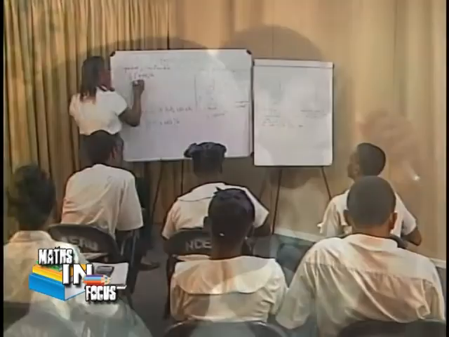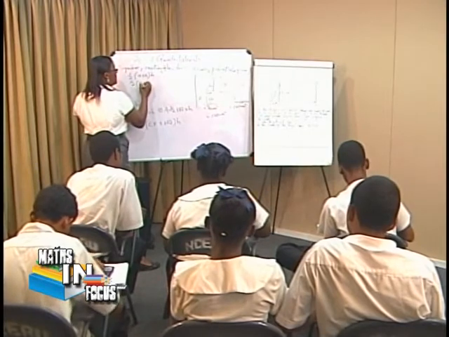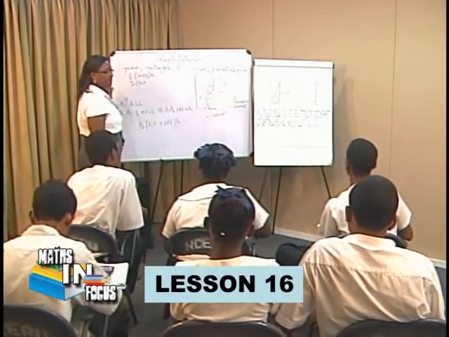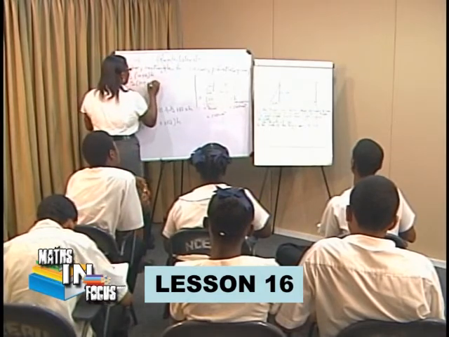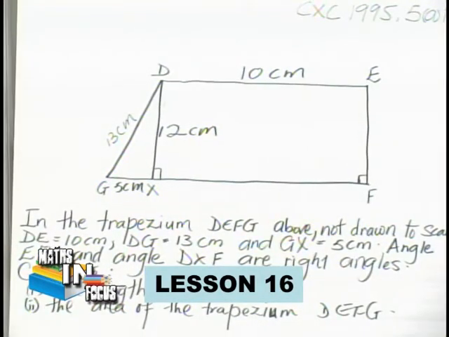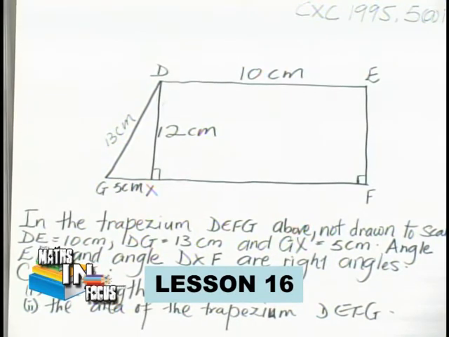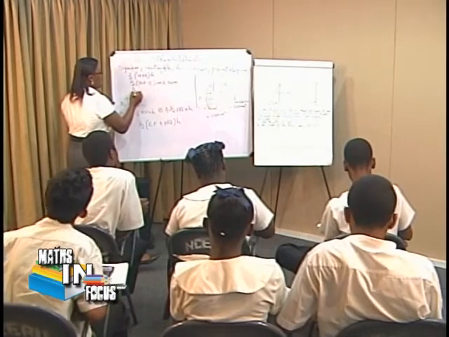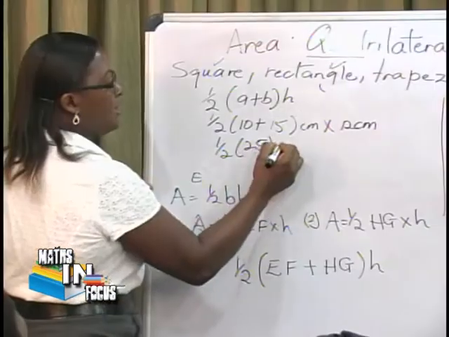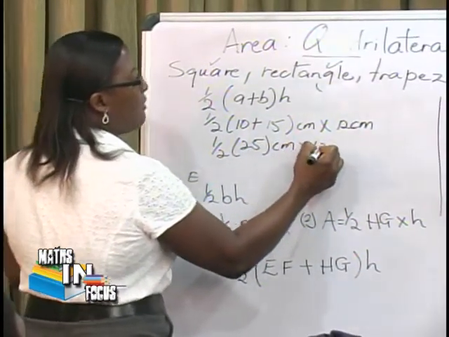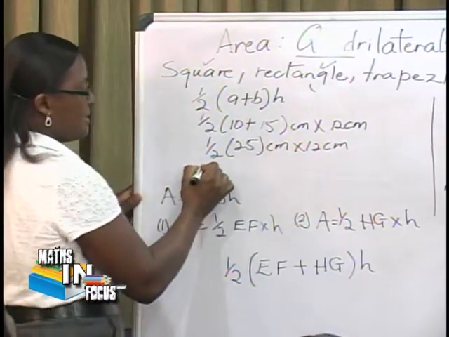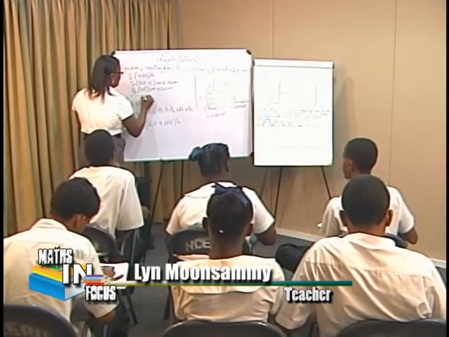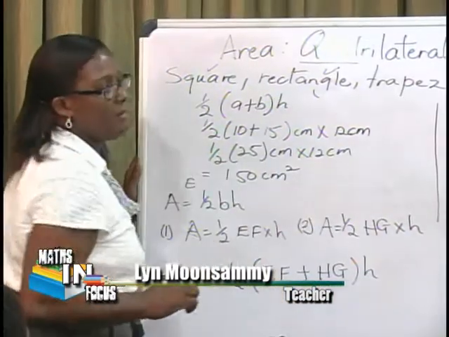So it's half of 10 plus, what is the length of GF? 15 cm, by H, which is 12 cm. So it's half of 25 cm by 12 cm. And what is our answer? 150 cm squared.